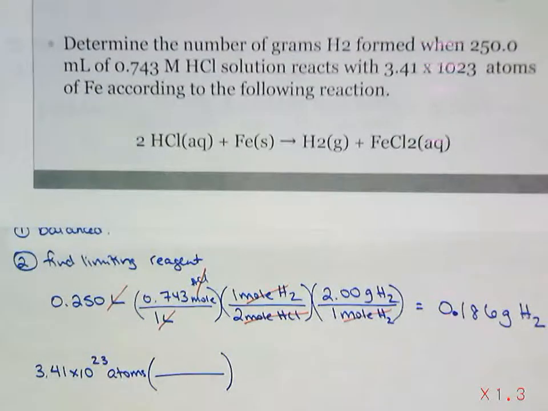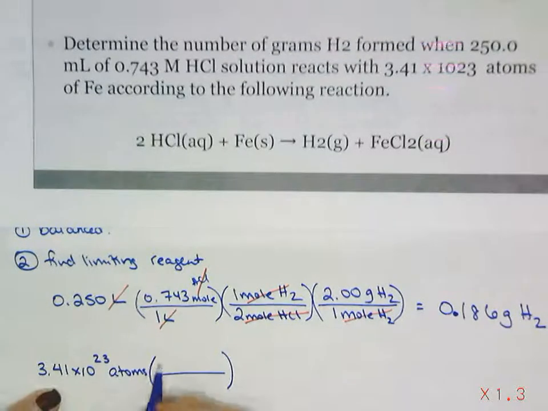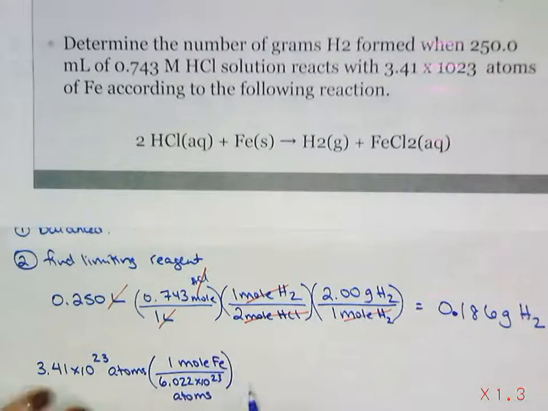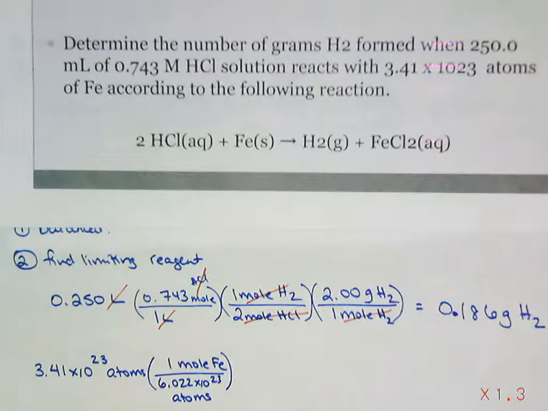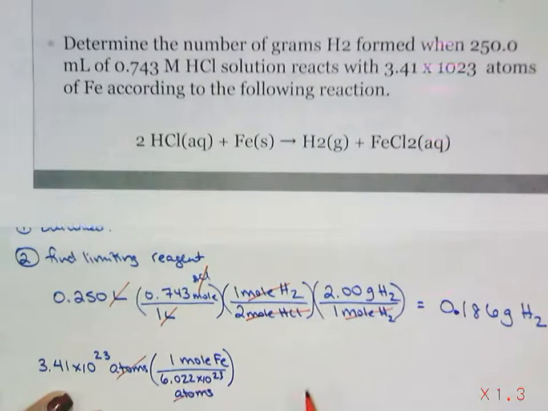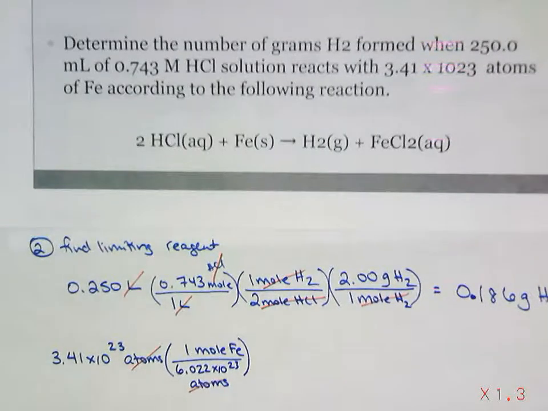So, how do I use it? I divide it, right? 6.022 times 10 to the 23rd atoms per 1 mole iron. All right, now I'm already in moles. Excellent. What's the mole ratio of iron to hydrogen gas?